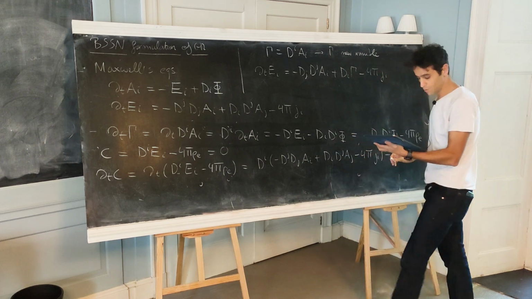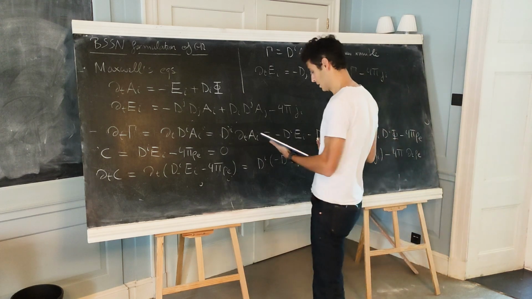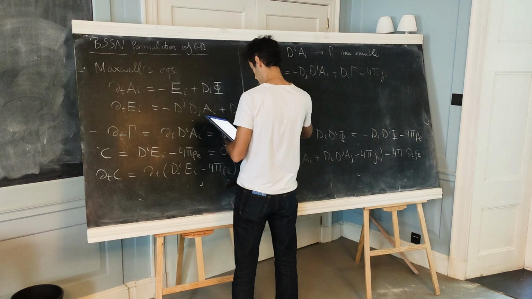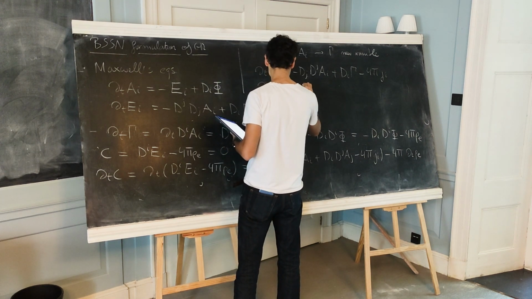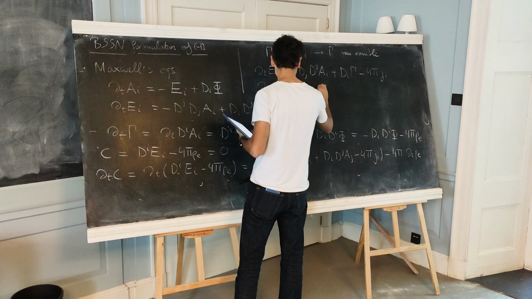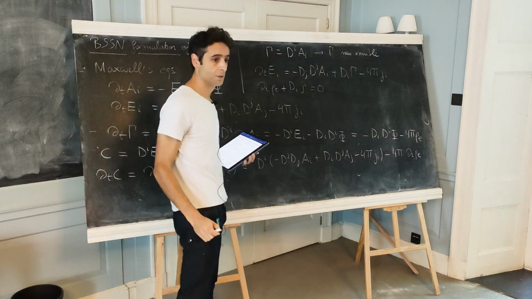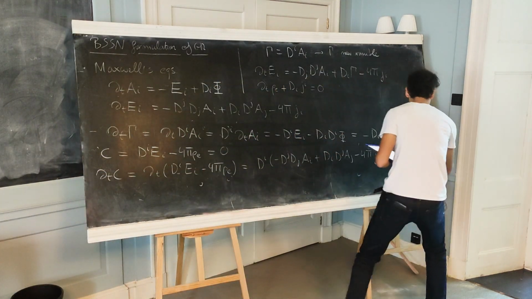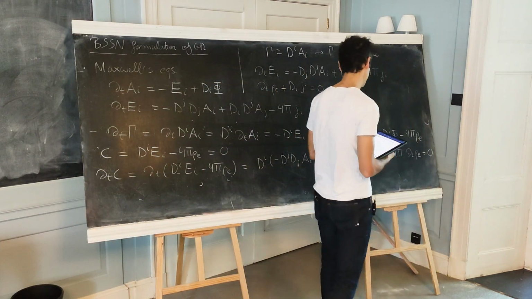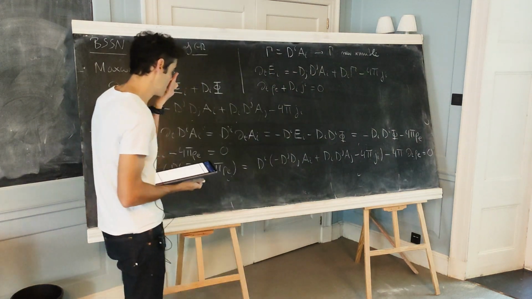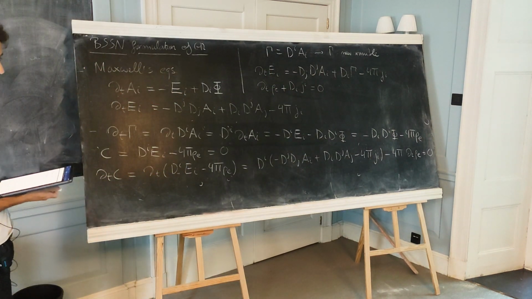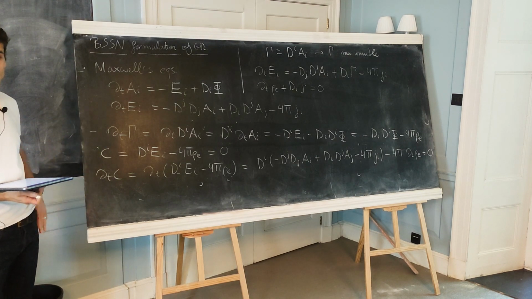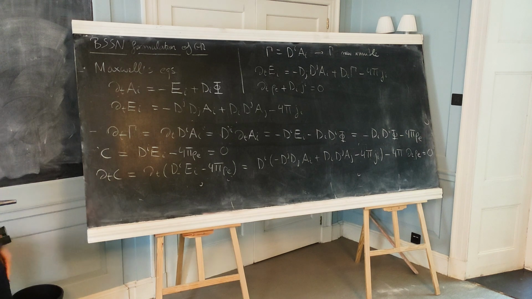Okay, and one equation that I forgot to write is the continuity equation. So that's the continuity equation. And you can see that this is 0. Okay? So it means that in this formulation, the constraints do not propagate. They have 0 speed.